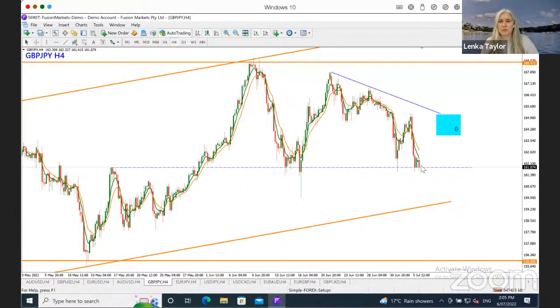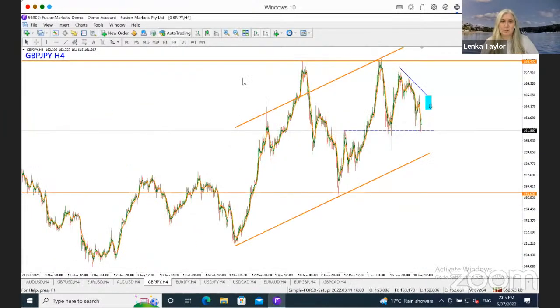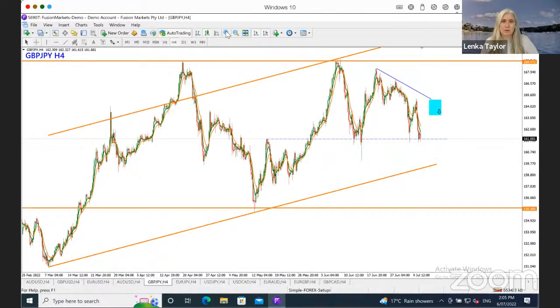So I would like to see the price bounce back and then take a short where there is enough room for at least 1 to 2 risk to reward ratio. So not right now, a bit further up, and then looking to see if it will go to the bottom of the channel, which it has been in for a little while. So that's sort of the price action there. So looking for short.